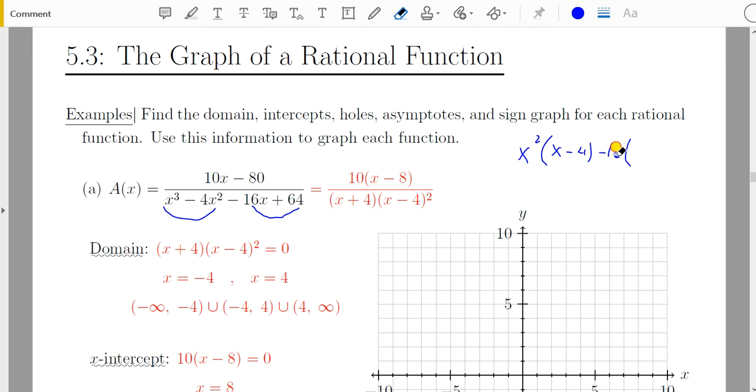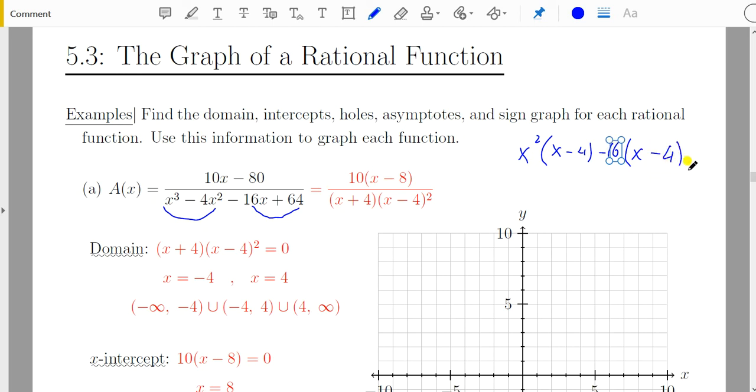So let's do that. When I take out the minus 16 here, I have x left for the first term, and 64 divided by minus 16 gives minus 4 left for the second term.